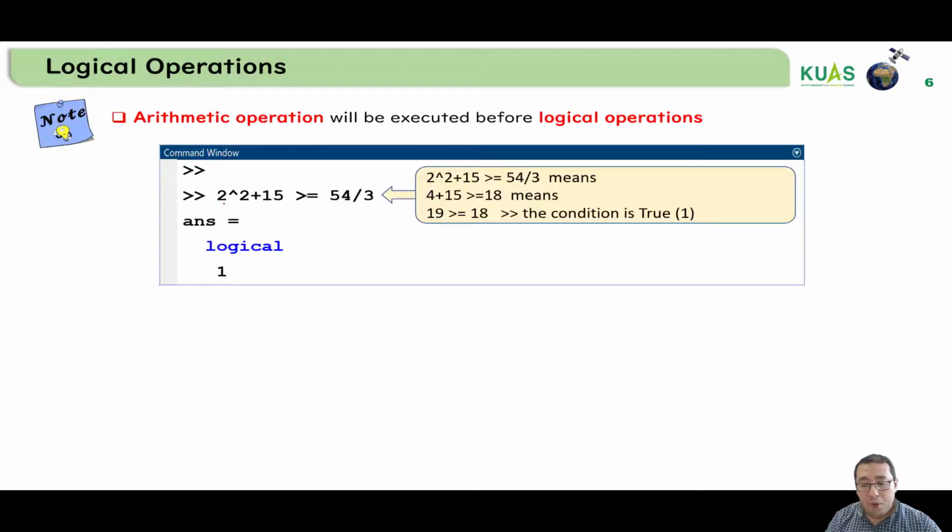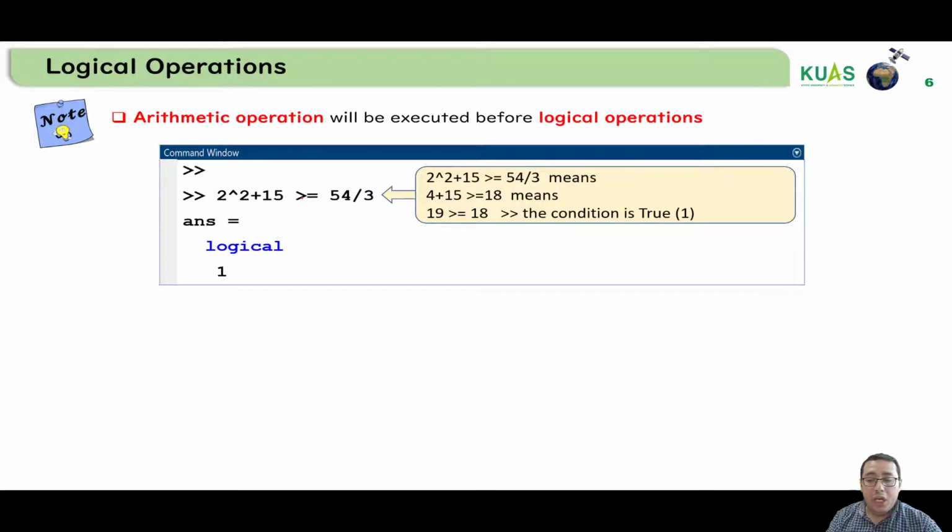So we have power, plus, and division, and we have this greater or equal. This part is an arithmetic operation, this part is an arithmetic operation, and this part is the logical operation. So I should treat these two parts first to know the value of the arithmetic operations, and after I finish, I should judge using the logical operation.